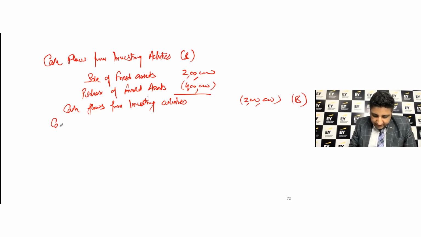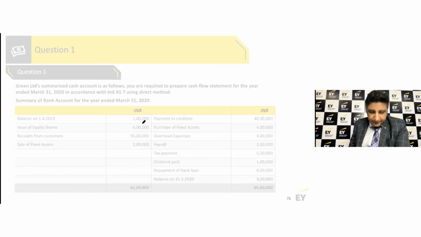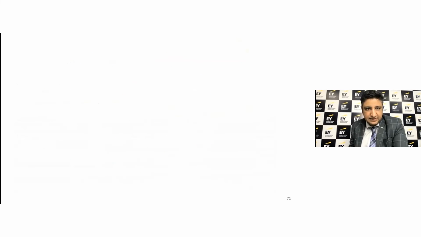And then finally, we have cash flows from financing activities. Now we are provided that there is an issue of equity shares of 6 lakh rupees. There is a dividend paid of 1 lakh, and there's a repayment of bank loan of 6 lakhs. Let's take these numbers as well.